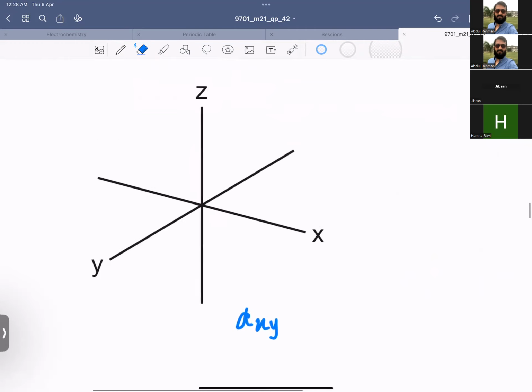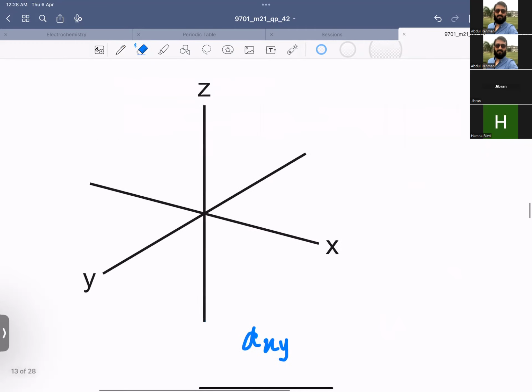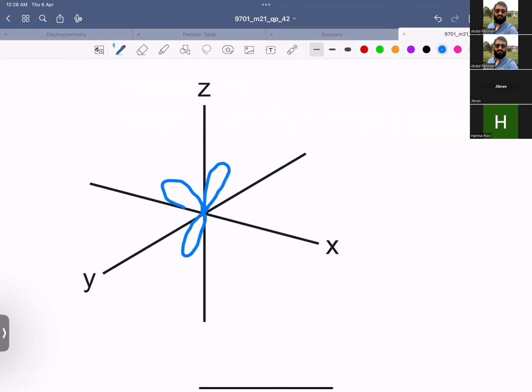See, for example, if I am drawing over here like this, so see, they are actually lying between x and y axis.